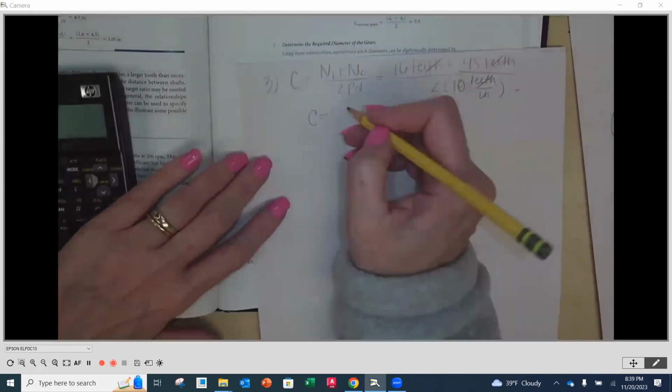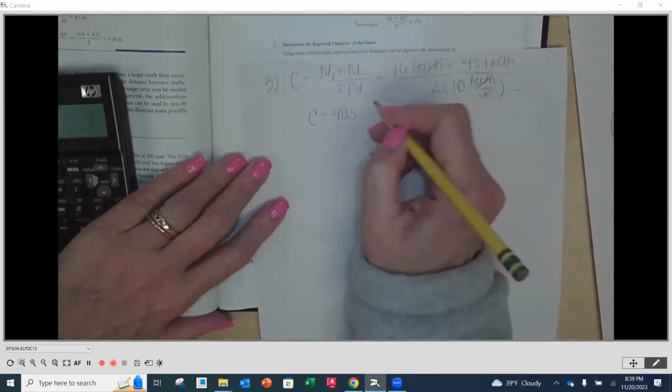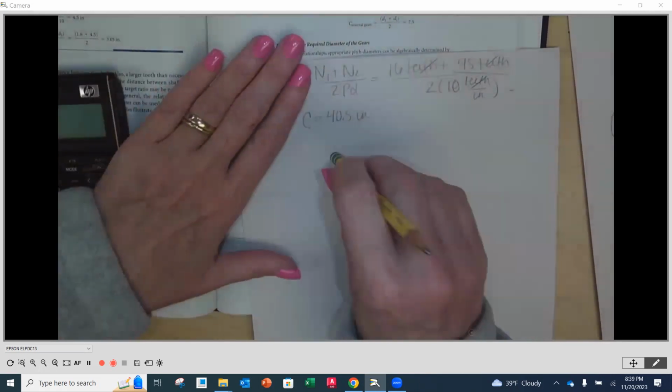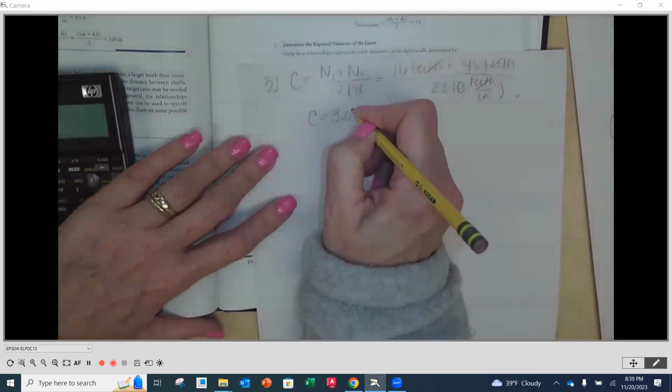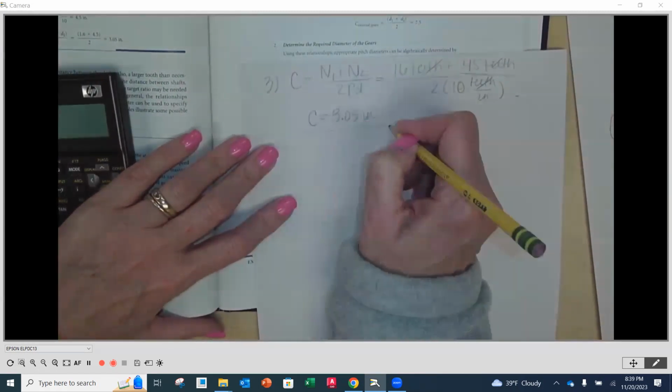What's my number? You get 40.5. That's all right. I did it fast. 45 plus 20 divided. Yep, 3.05. And that's going to be inches.